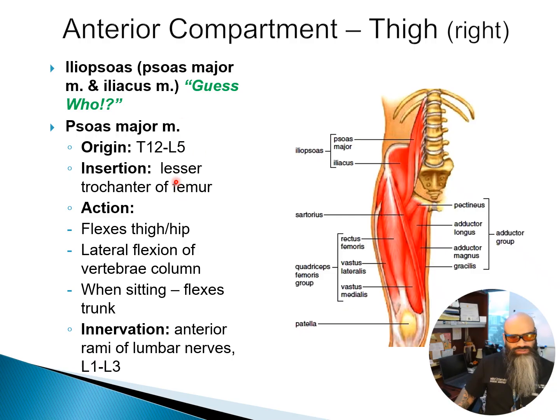Basically the origin is your final thoracic vertebra T12 and L1 through L5. It's the origination of this muscle. It inserts in the lesser trochanter of the femur. Basically, when it contracts, it anchors in the lower back and helps to flex your hip.